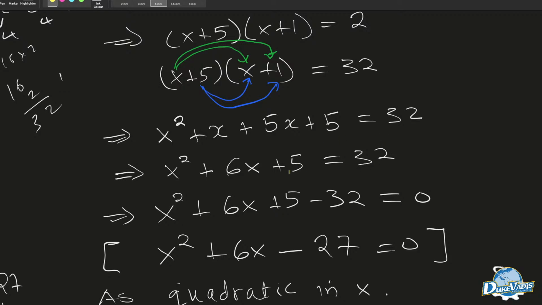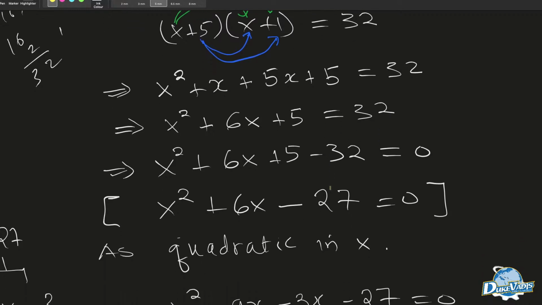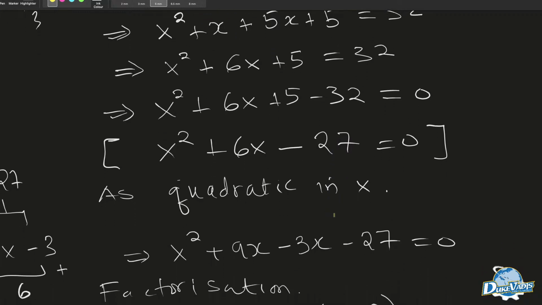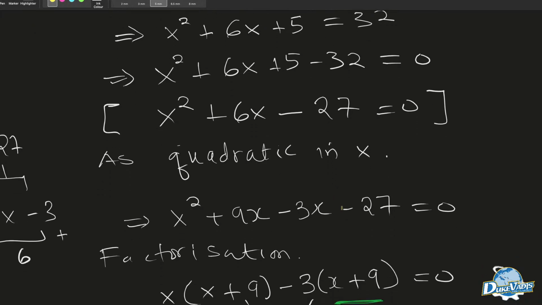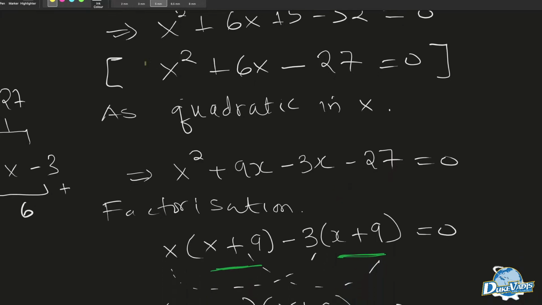Okay, so we brought the 32 in here, and 5 minus 32 was negative 27. So x squared plus 6x minus 27. When we have an equation of this form, we say it is quadratic in x, because the dominant variable here is x.